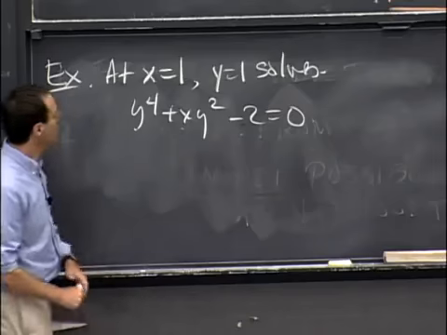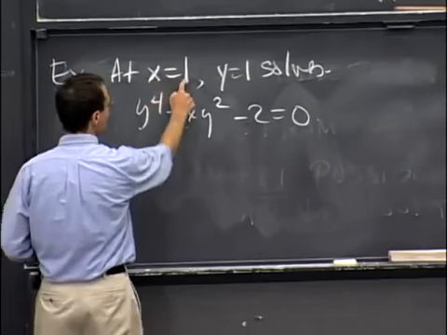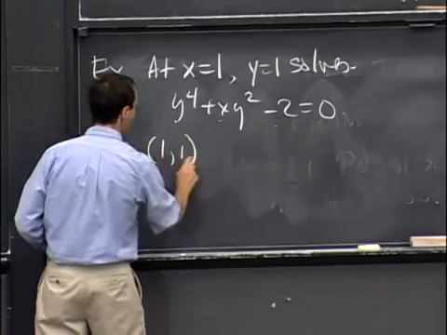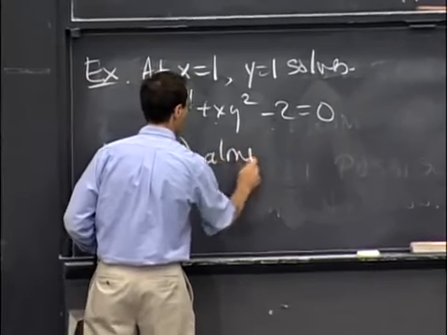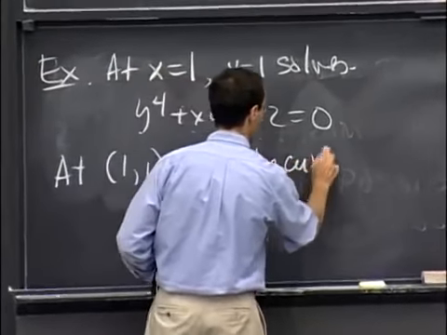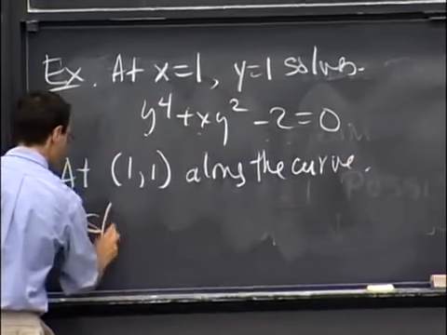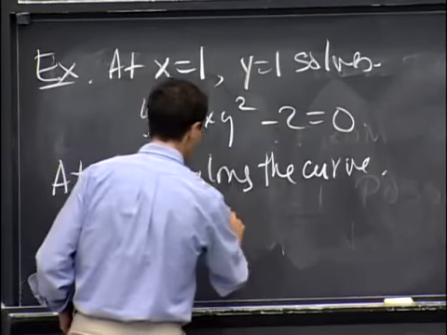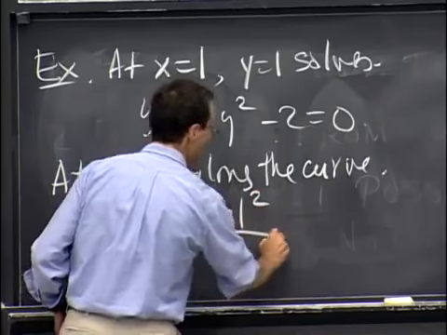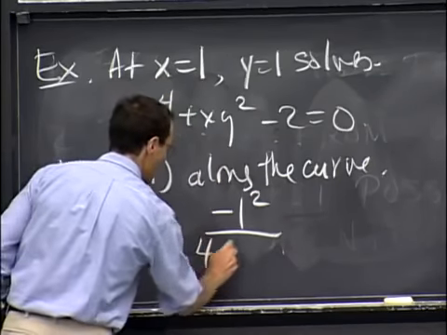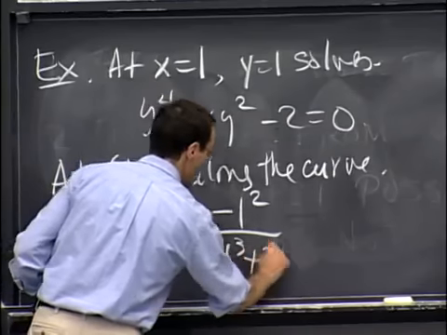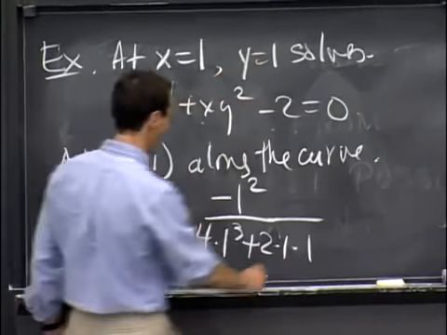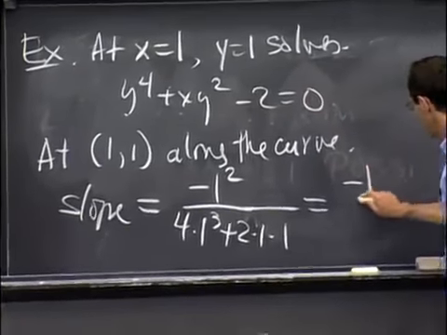So I did that. And so we now know that when x equals 1, y equals 1, so at (1, 1) along the curve, the slope is equal to what? Well, I have to plug in here minus 1 squared divided by 4 times 1 cubed plus 2 times 1 times 1. That's just plugging in that formula over there, which turns out to be minus 1/6.